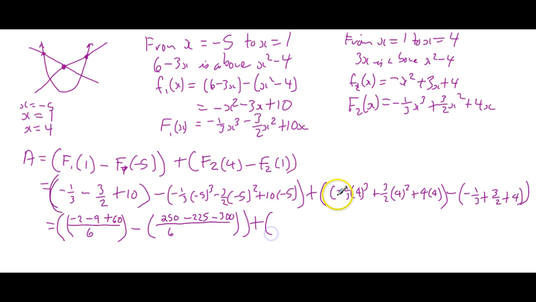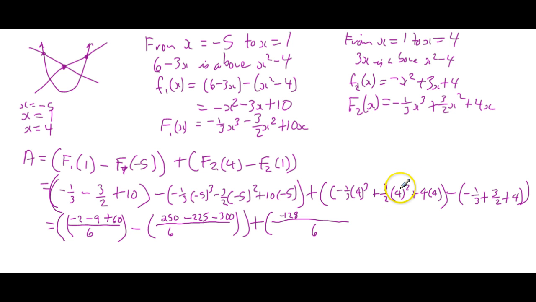Plus, okay, what have we got here? And have I done this before? Yes, I have. So again, I'm going to go with 6's. Over 6, this gives us 64, so minus 64 over 3, which will be minus 128 over 6.